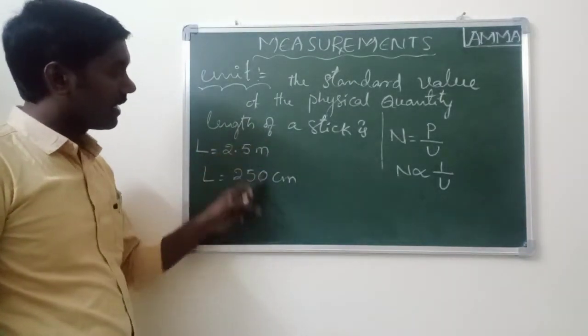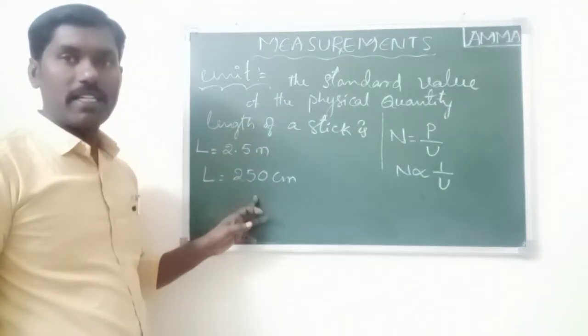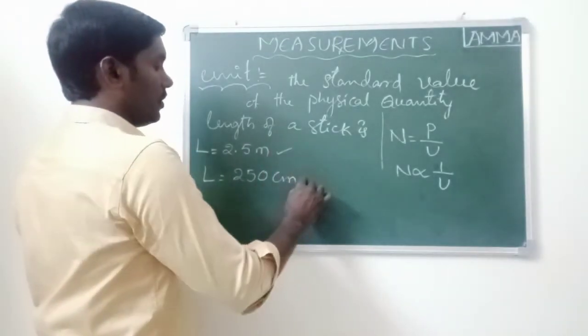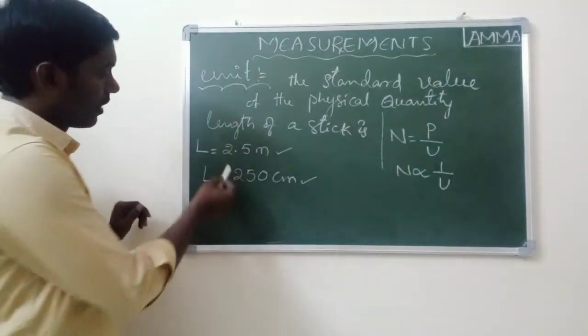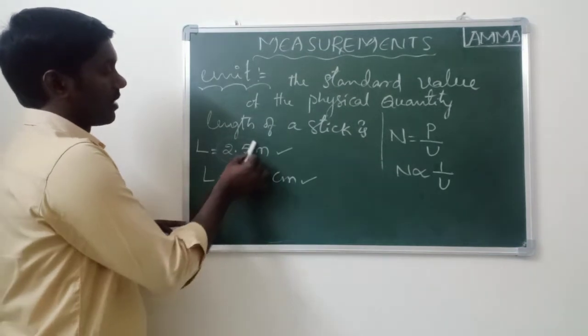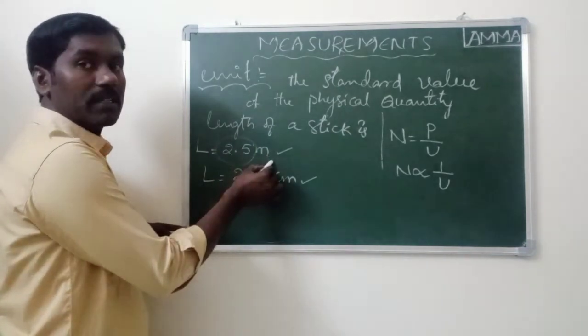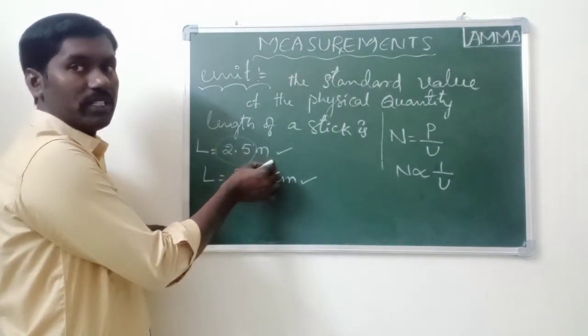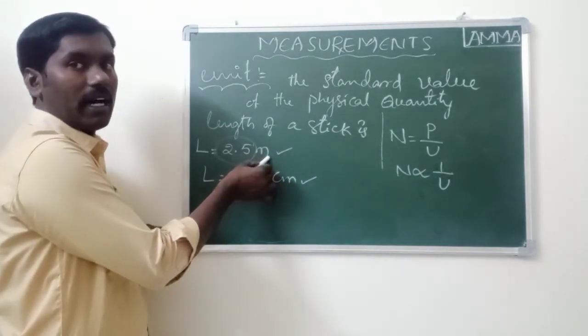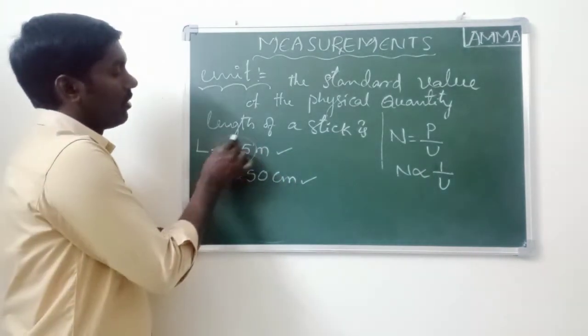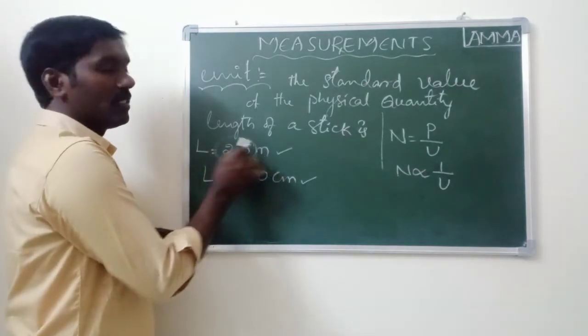Of course, in this case these two are the same, equal. But the units are different. In the first situation the number is smaller, but the meter is the greater unit, meaning the meter is the higher value. That's why the value is 2.5 but the unit is the meter.